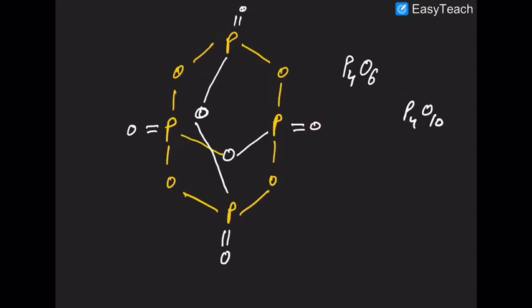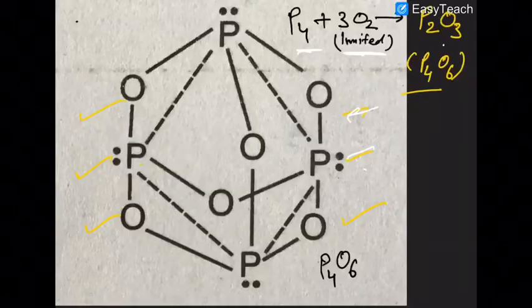I am repeating once more: if you remove this bond, it becomes P4O6, which is the dimer of P2O3. Are you getting that or not?